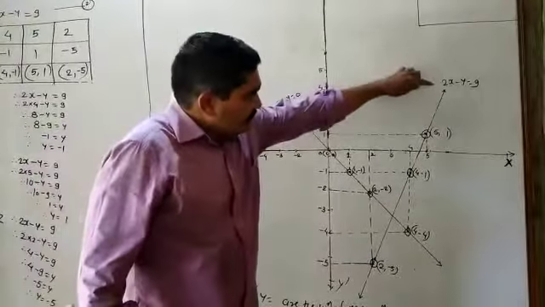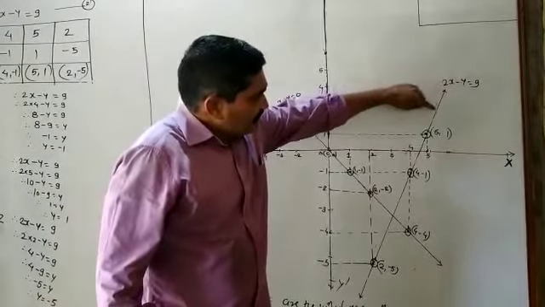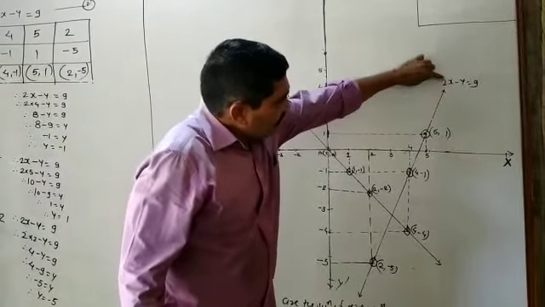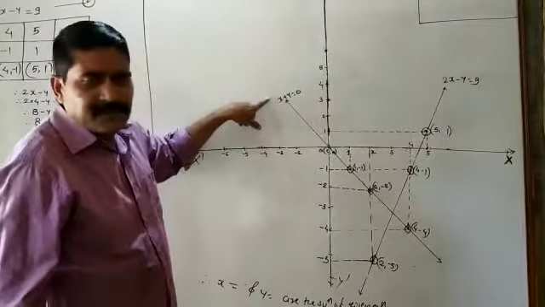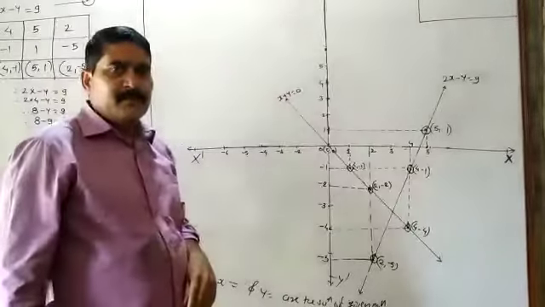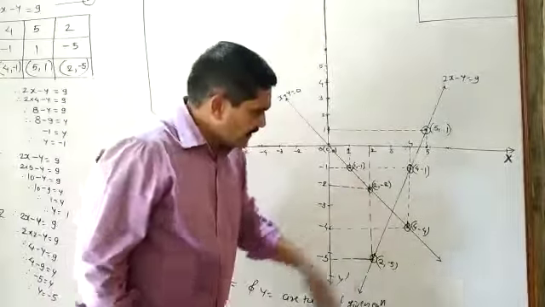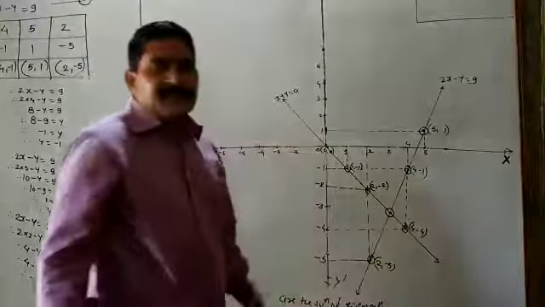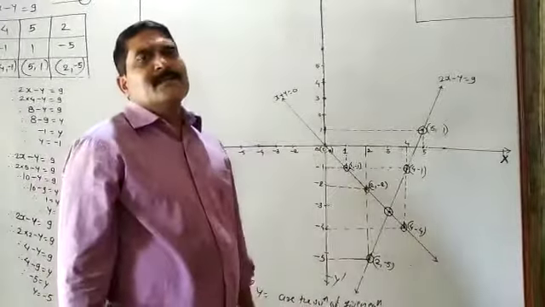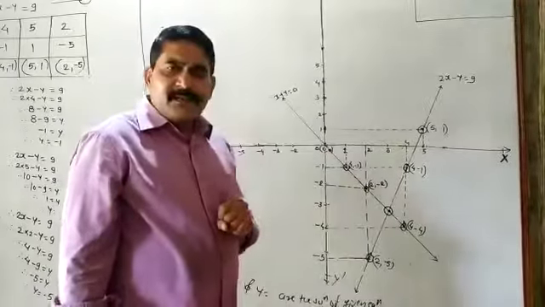So this line has the equation 2x minus y is equal to 9, and this line has the equation x plus y is equal to 0. Both lines intersect at this point. This point of intersection is the solution of the simultaneous equations.